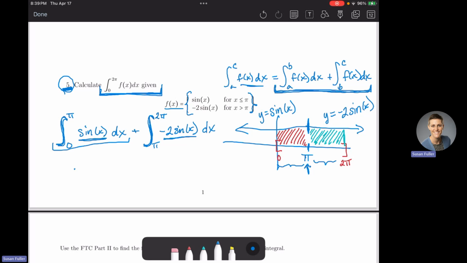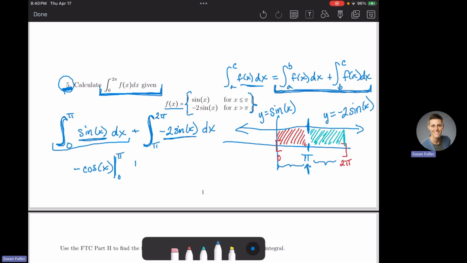It's got to be negative cosine of x. That's the function that has a derivative of positive sine of x. That's my antiderivative. I can pick any one that I want, so I'm going to pick the one with c equal to 0. And then I'm going to add my vertical evaluation notation from 0 to pi.